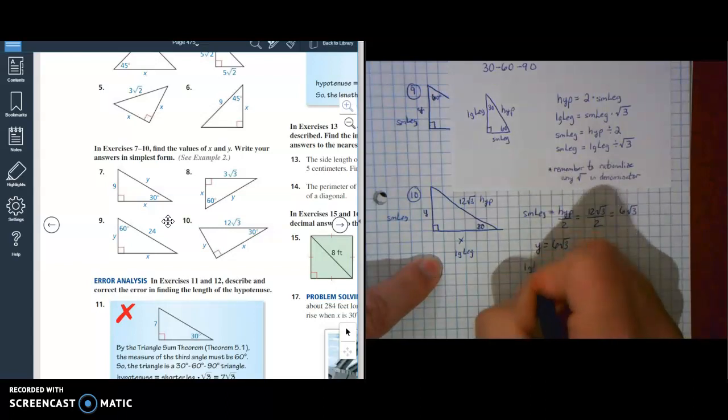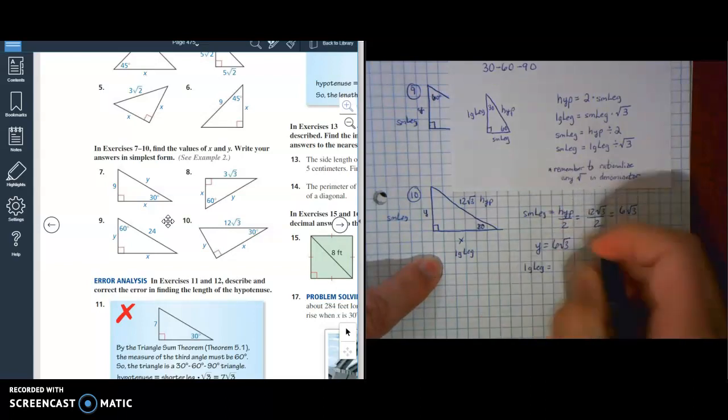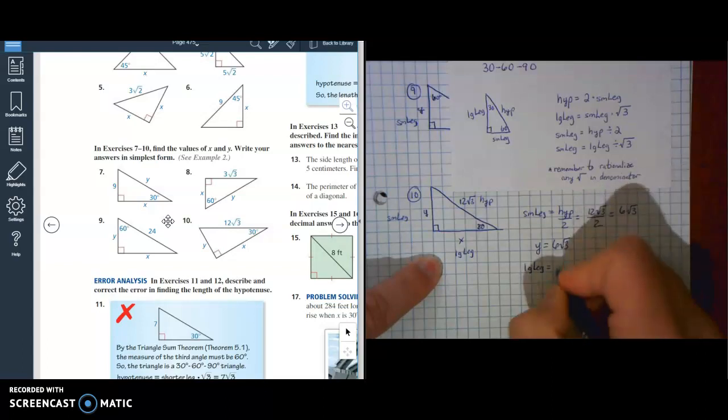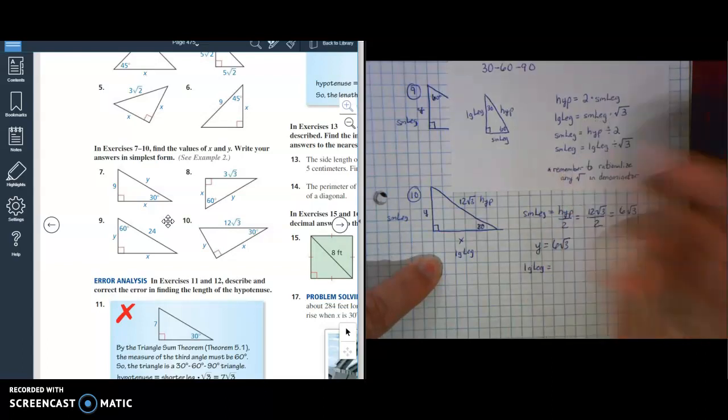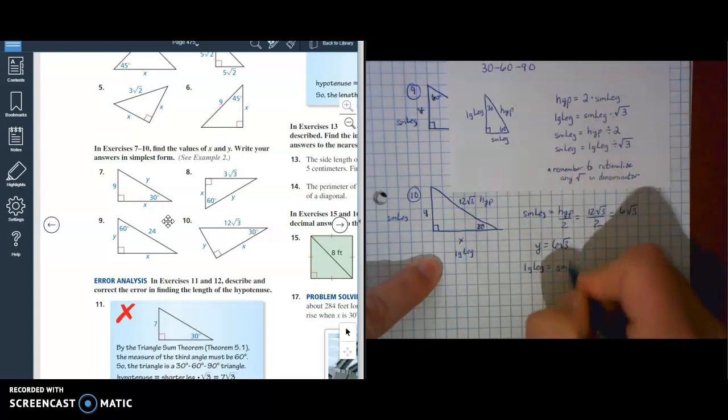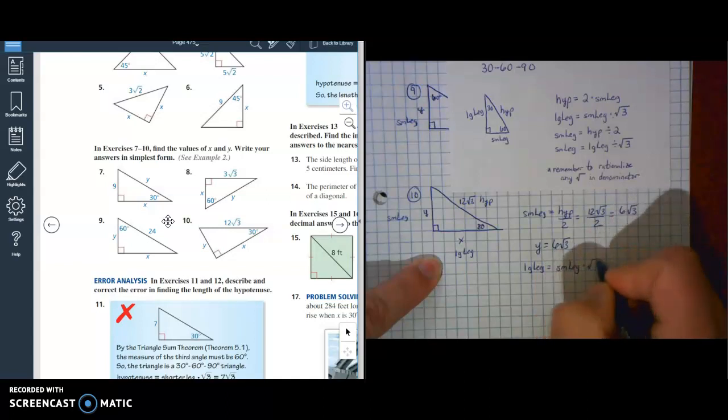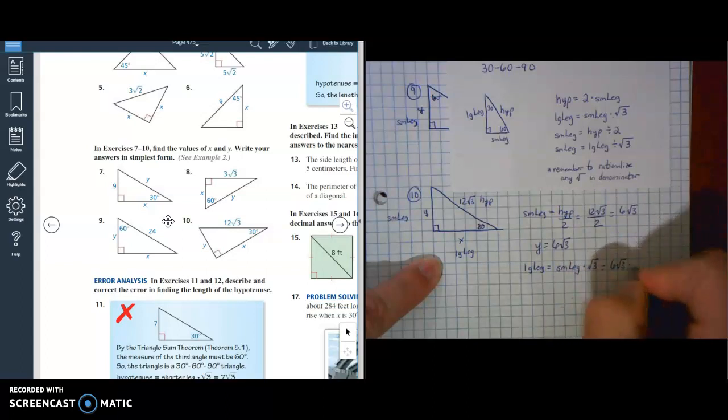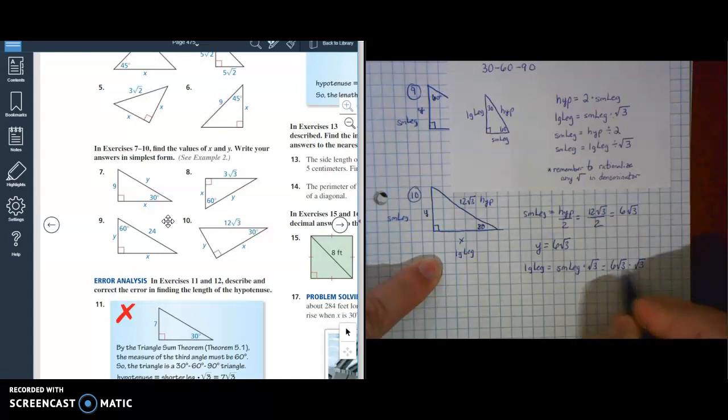So the large leg is equal to the small leg times root 3. All right, put the small leg in, get 6 root 3 times root 3. All right, so now we have a little math here. We don't have anything dividing, so we don't have any rationalization, but root 3 times root 3 is the same as saying 6 root 9.